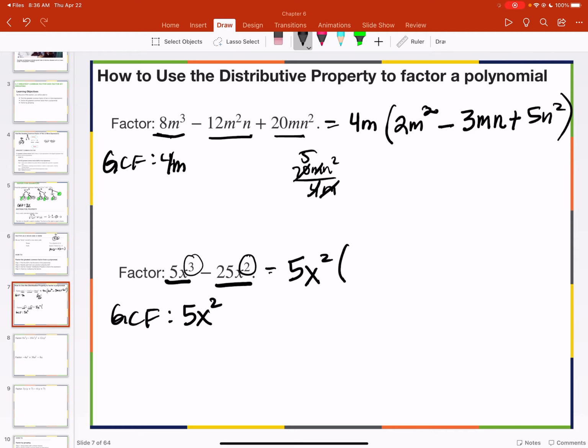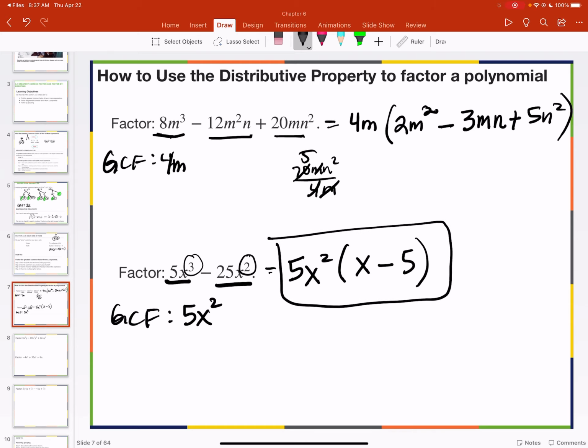So let's write that out here. And what's left in the parentheses is x minus 5. Okay, so that's it. I factored it. We know that it's completely factored because we can't factor this any further. We can't pull this out anymore and rewrite it. So we just leave it like that.